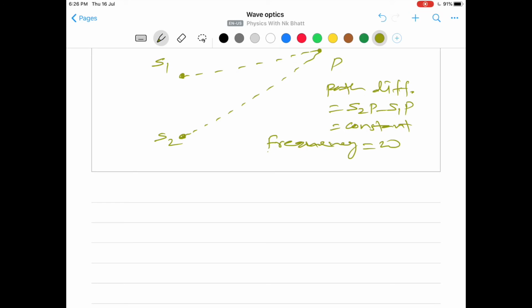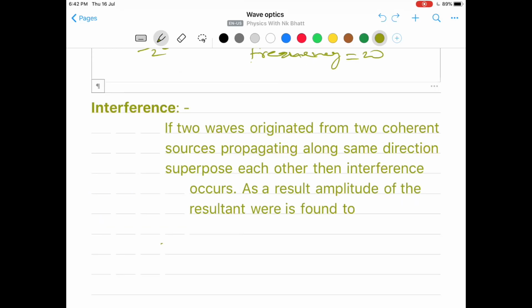Now, one important thing we have to understand, that is interference. If two waves originated from two coherent sources propagating along the same direction superpose each other, then interference occurs.